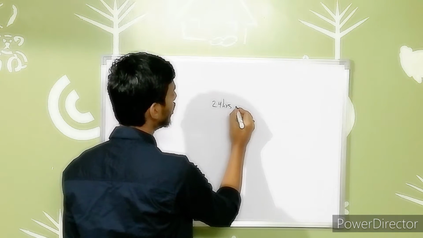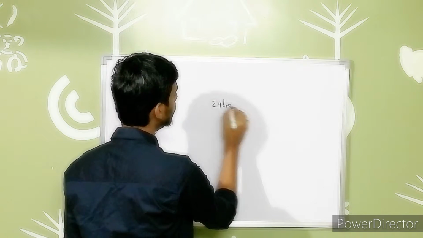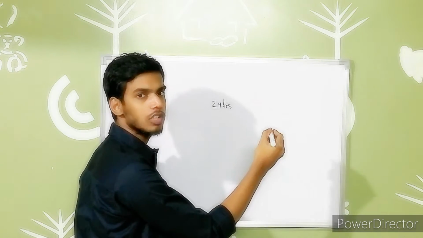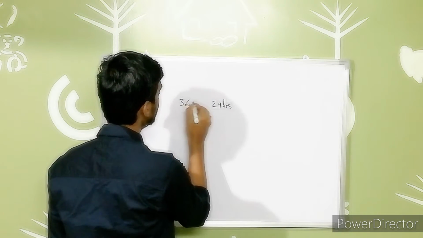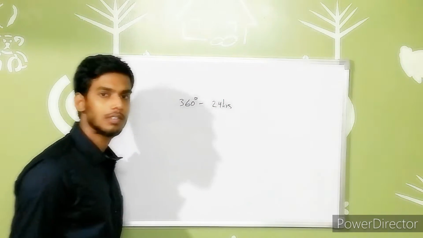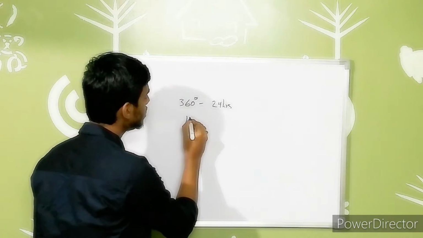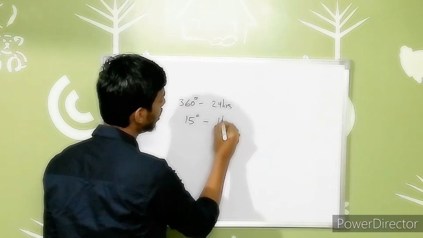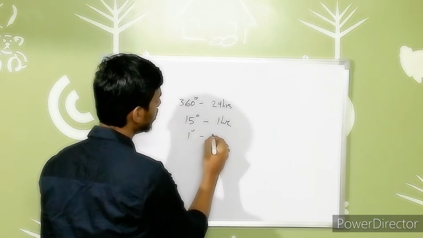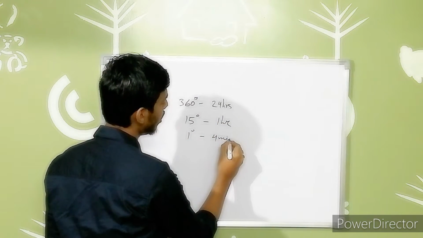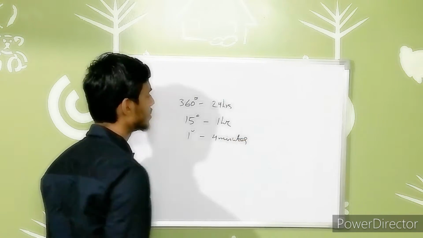That means for 360 degrees it is taking 24 hours. That means for 15 degrees it takes 1 hour, and for 1 degree it takes 4 minutes.